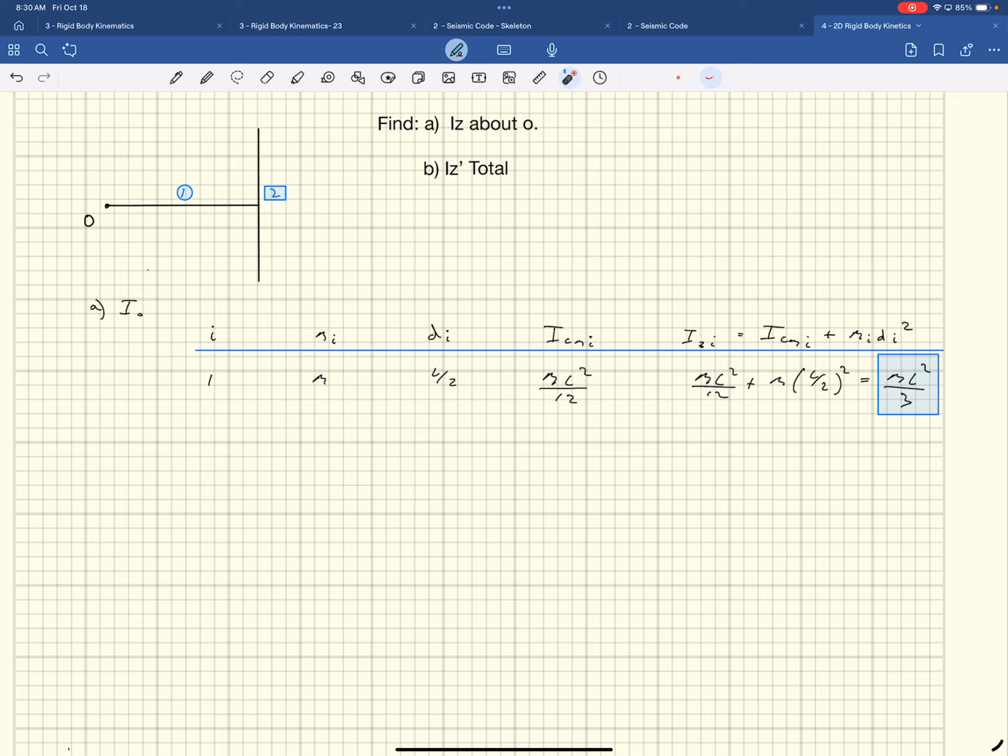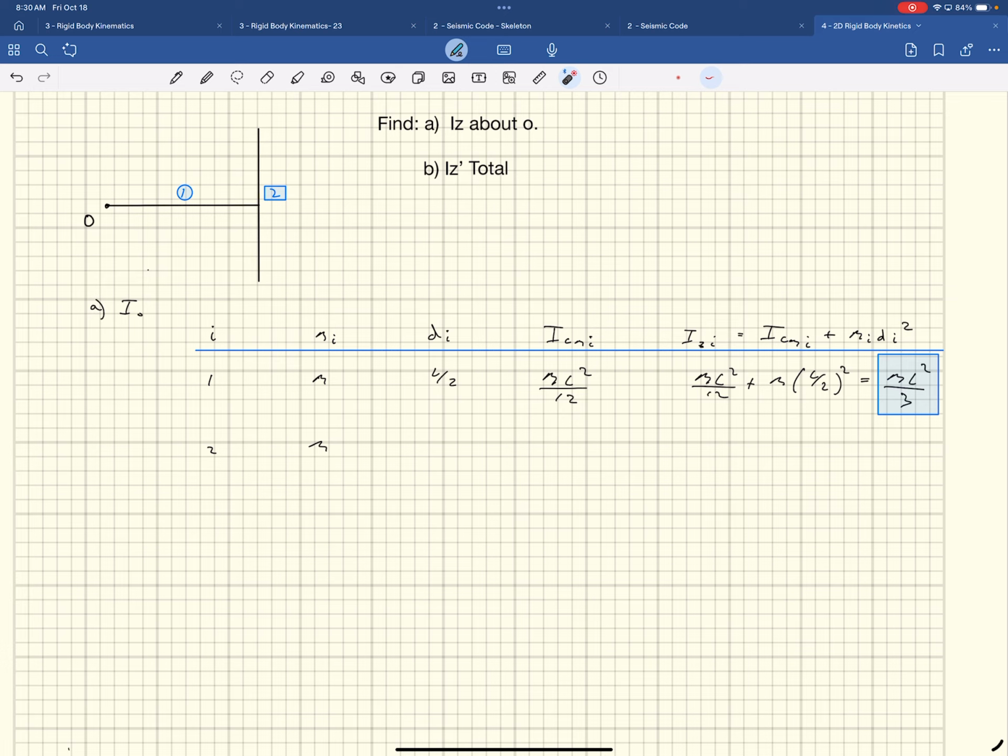So then you go to the second object. The second object has the same mass. Now we're looking at the distance. This guy's center of mass is right here, and then O is right here, and they're both coming out of the board at those locations, so it's the distance between those two axes.